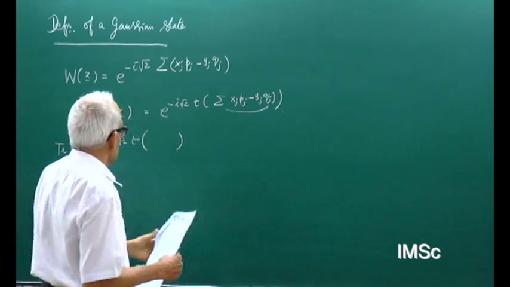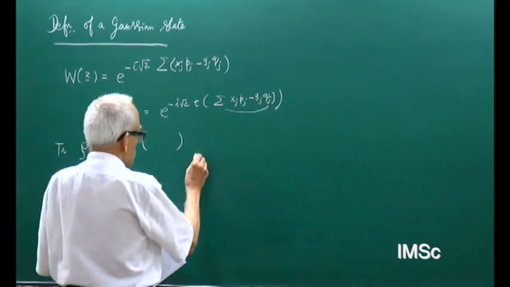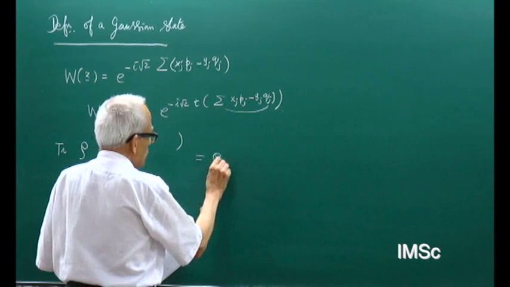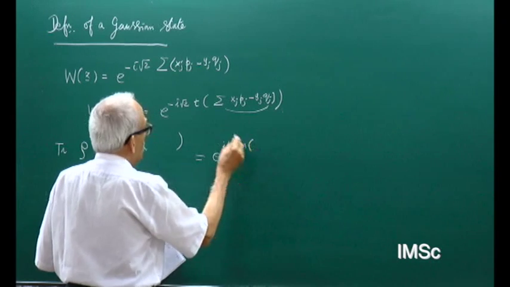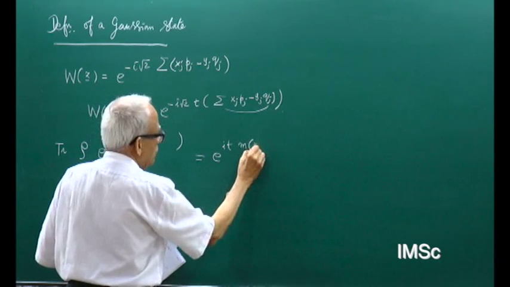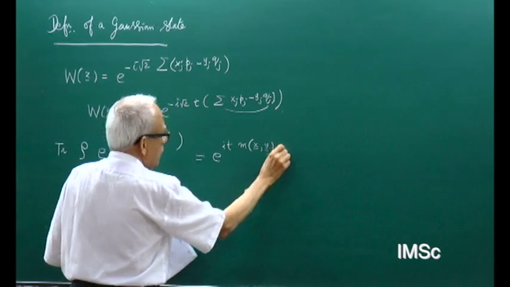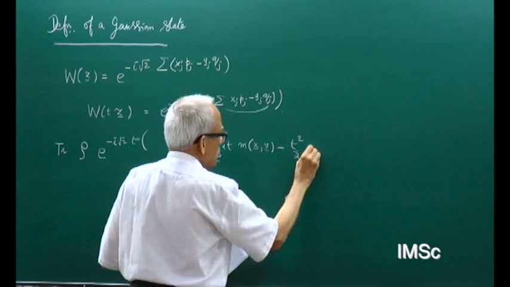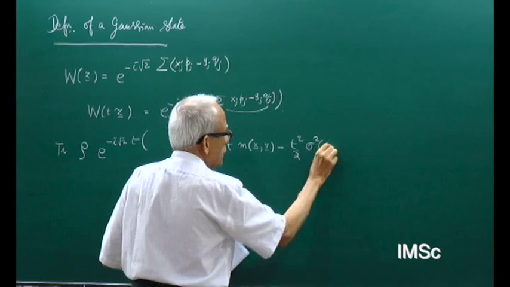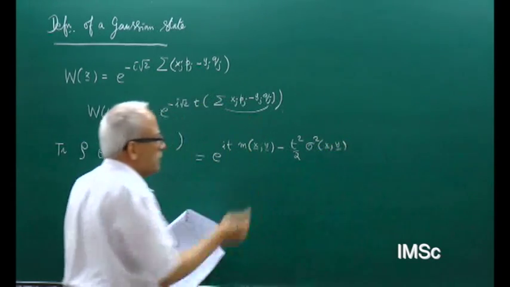And therefore this will have a normal distribution if and only if it is of the form e to the power I t into some mean value depending on all these x and y, minus t squared by 2 into sigma squared of xy. That is the normal characteristic function.